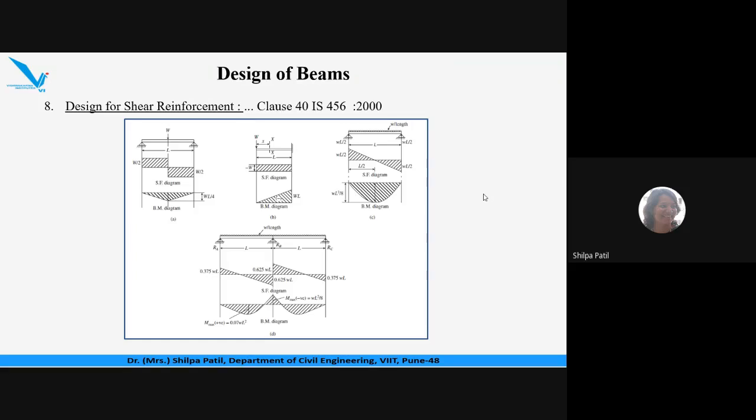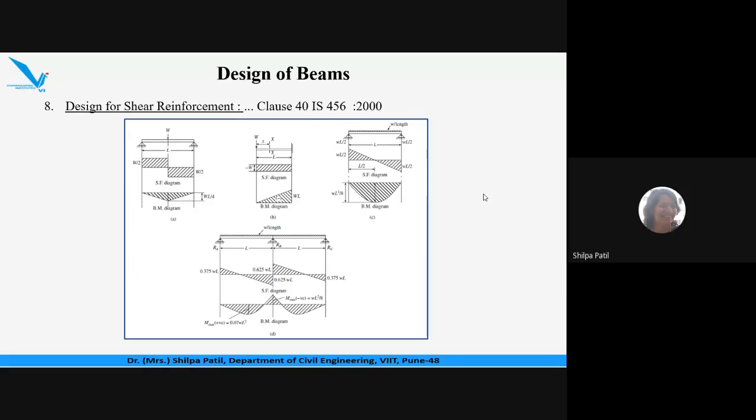Design the beam if M20 grade concrete and Fe415 grade steel are used. Is it over? Everybody has written?